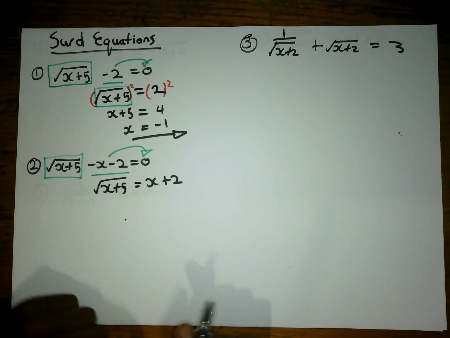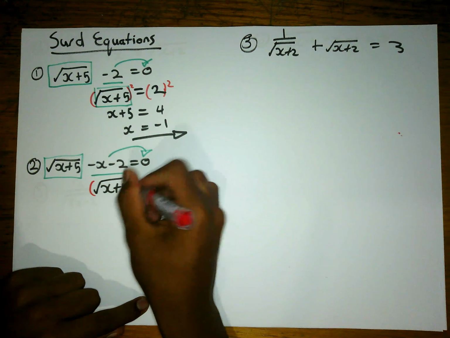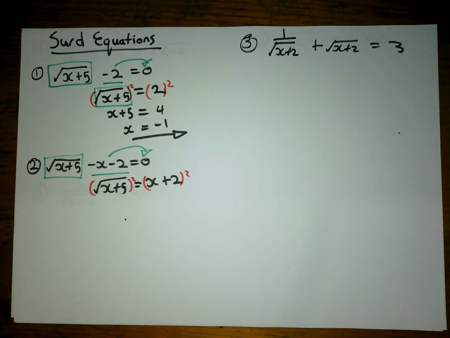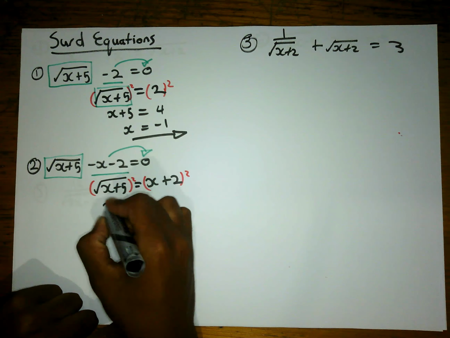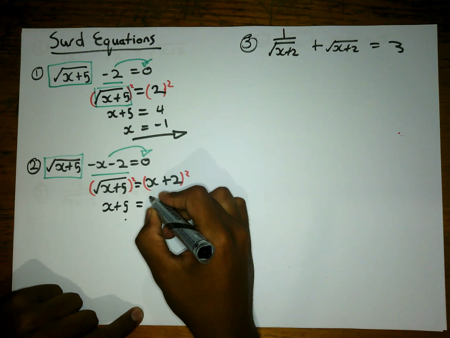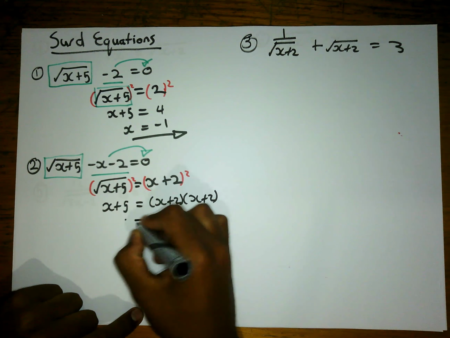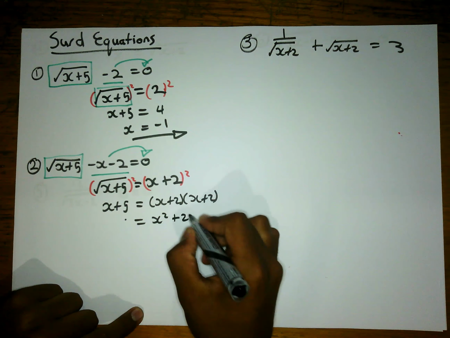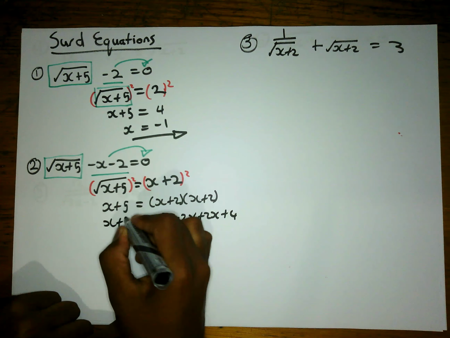Okay, so what do we do now? We square both sides. So when we square both sides, we are left with x plus 5 equals x plus 2, x plus 2 equals x squared plus 2x plus 2x plus 4.